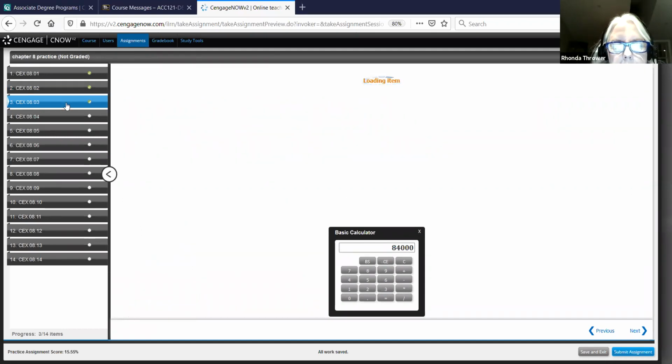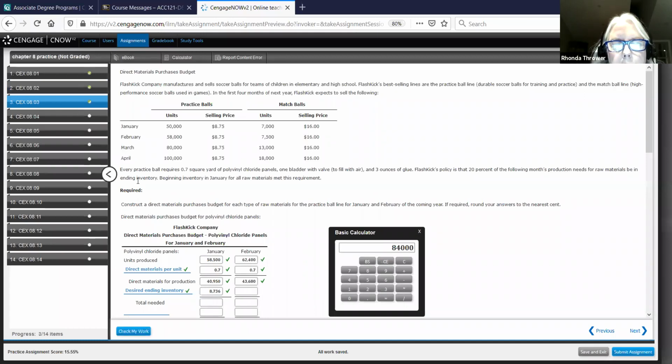Then in 8-3, I'm going back to it. I'm going to multiply that by 7 parts of a yard to get my direct materials needed for production for the month of March. So I'm going to multiply this amount by 7 parts of a yard, which will give you 58,800 as the direct materials needed for production.